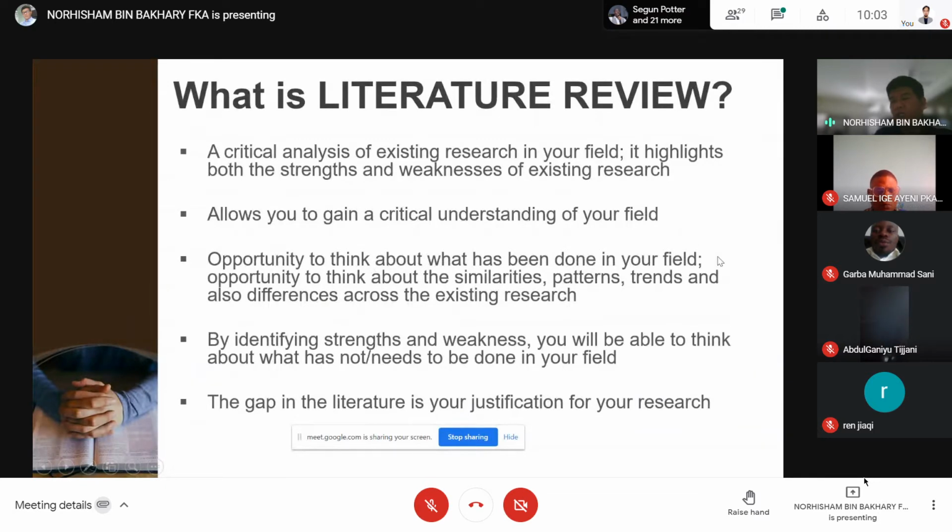When you follow the trail of the papers, you can see the progress of the study in your field. It also gives you an opportunity to think about similarities, patterns, trends, and also differences across existing research.